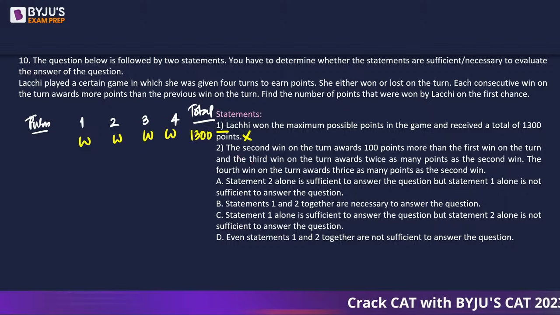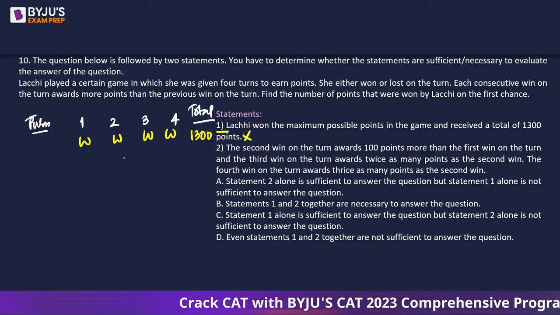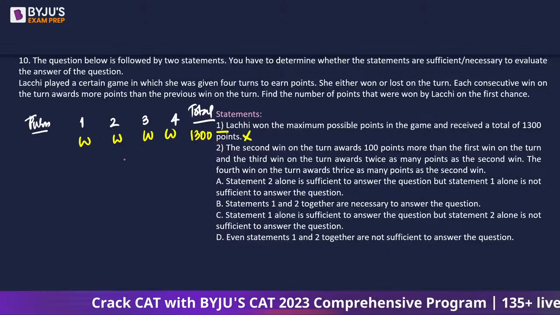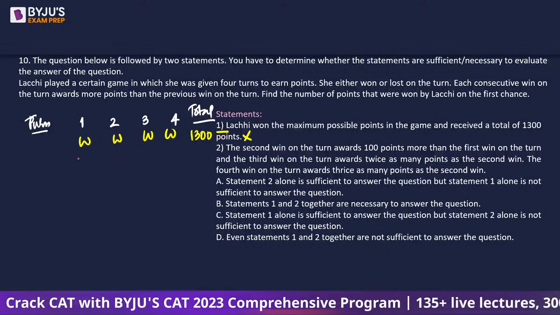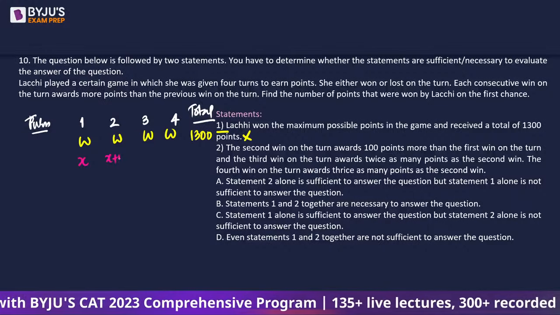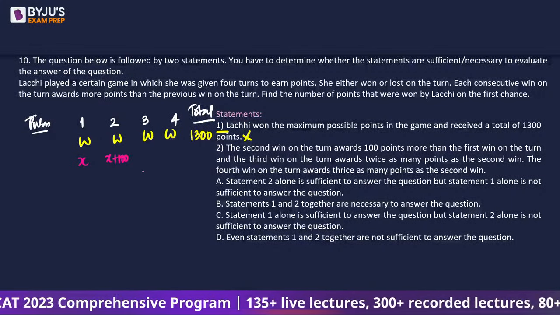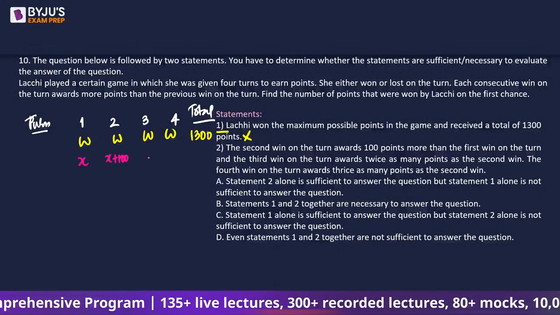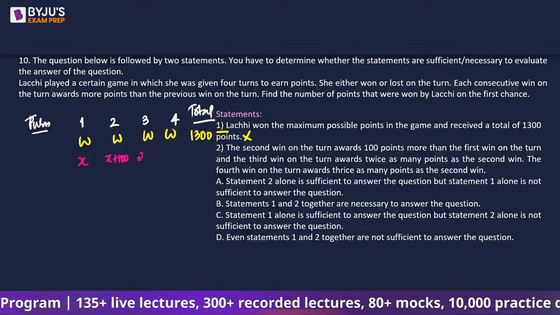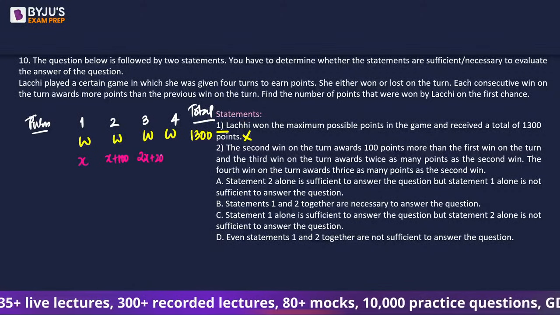The second win on the turn awards 100 points more than the first win on the turn, so if this is x, this is x plus 100. The third win on the turn awards twice as many points as the second win, so this becomes 2x plus 200.